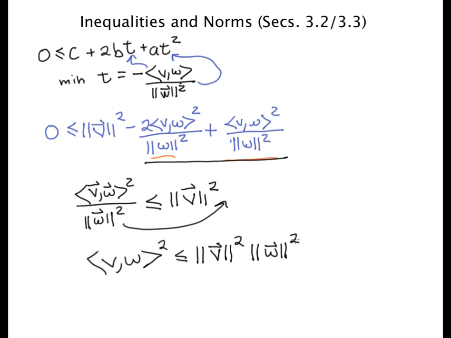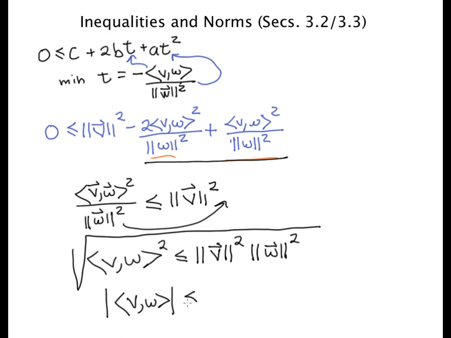And now I have squares everywhere, so I can take the square root of the whole thing. When you take the square root, you're taking the positive square root. So on the left-hand side, you're getting the absolute value of VW. And, well, the length of V is positive, so you don't need an absolute value there. And similarly on this other term. And that's the inequality.